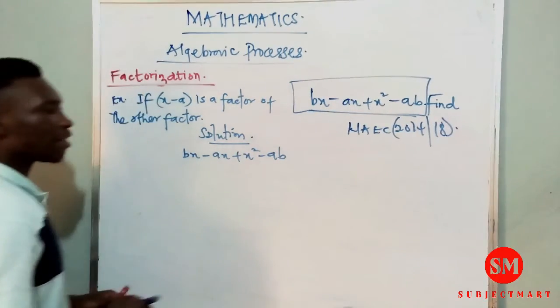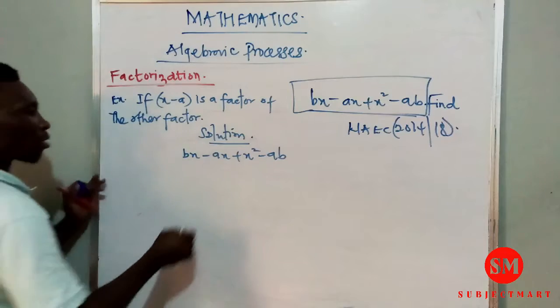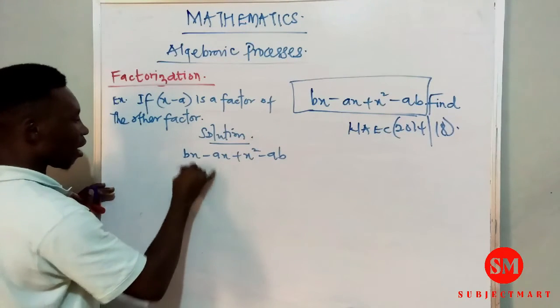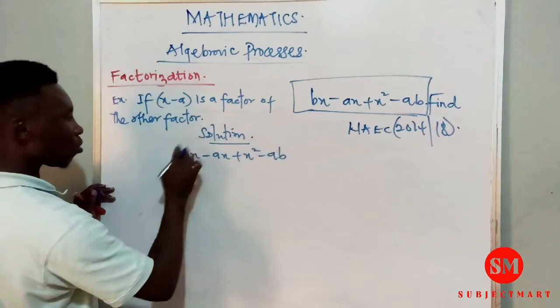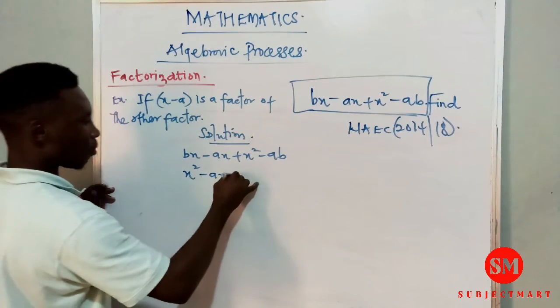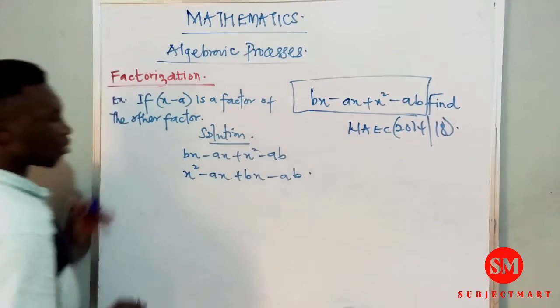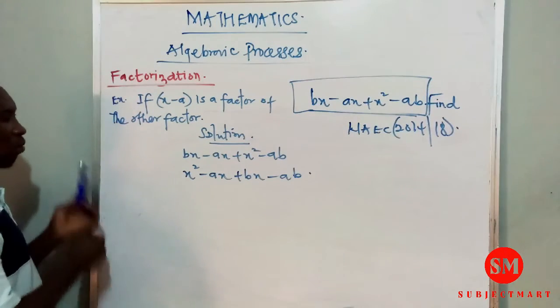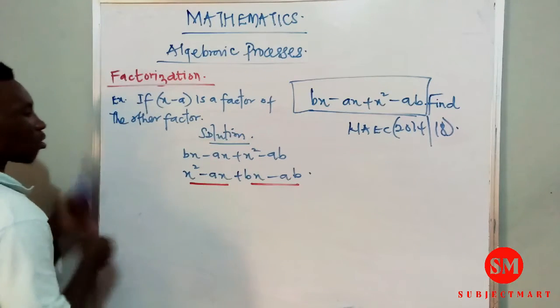Rearrange. You have to rearrange to make it easier for you to factorize. So this becomes x squared, minus ax, these two have something in common, plus bx minus ab. At this junction, the first two terms have something in common and the last two have something in common. What do the first two have?